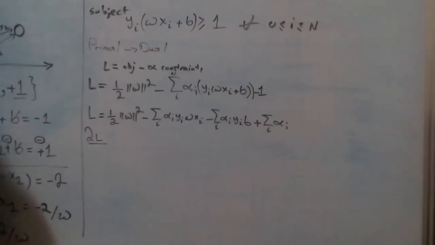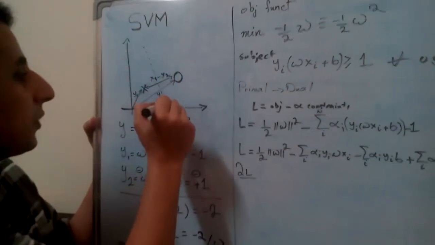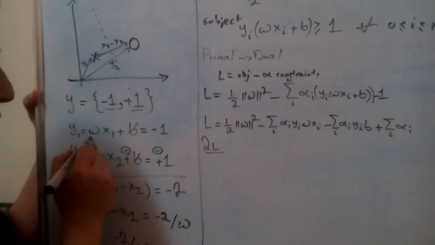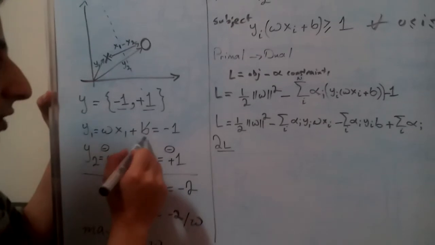So what were the parameters? In our case they were the parameters of the line, the support vector separating the two classes. The line is defined by omega, the slope, and the intercept.